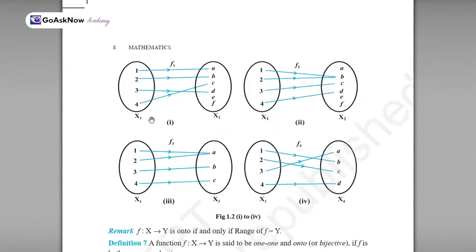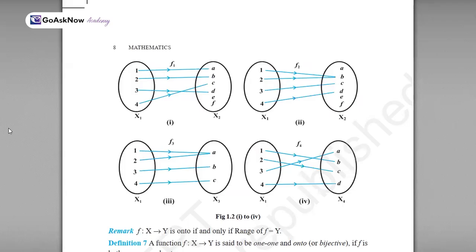So here the first example is given to you, and we have to tell which type of function it is. You can see that each element of x1 is related to only a single element of x2.